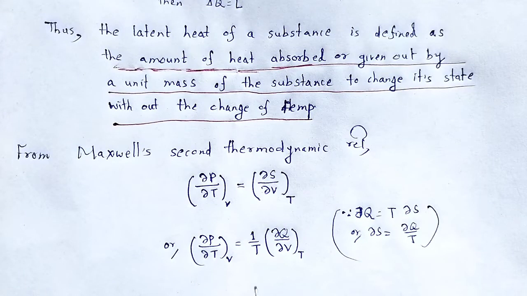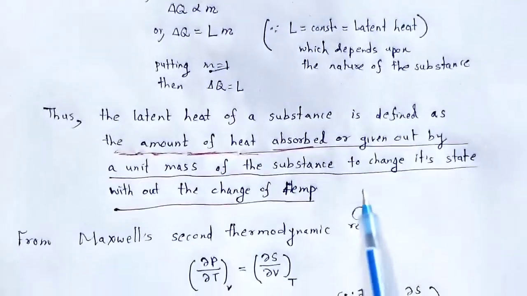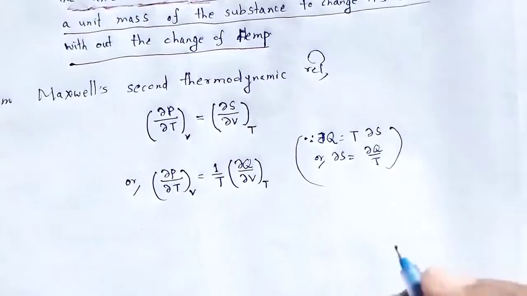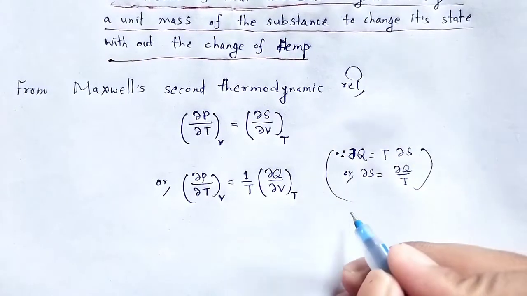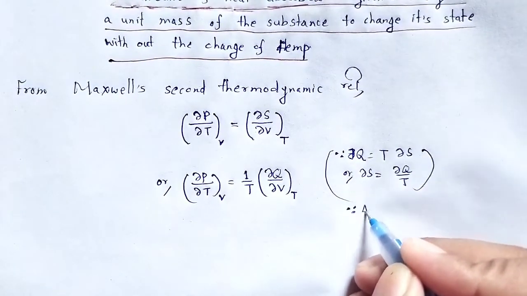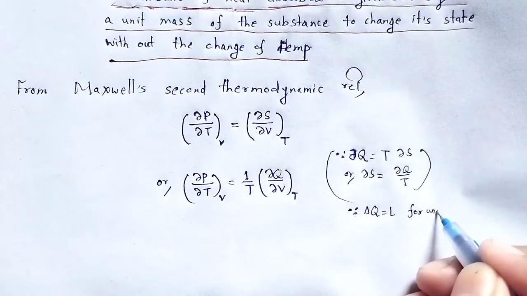Now, for a unit mass of the substance, the amount of heat absorbed or released is the latent heat of that substance L, as we discussed here. That is, here for unit mass, therefore del Q is equal to L for unit mass.